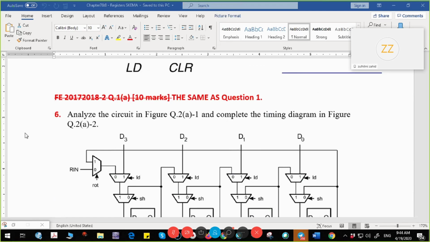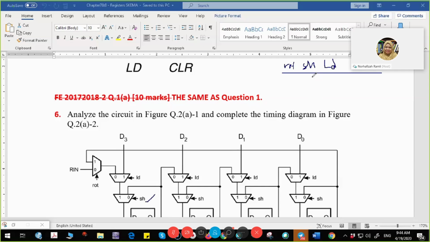When you, what you need is actually ROT, shift, and load. But the highest priority is the shift.